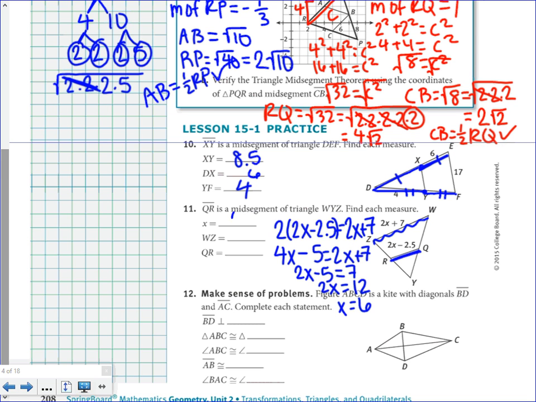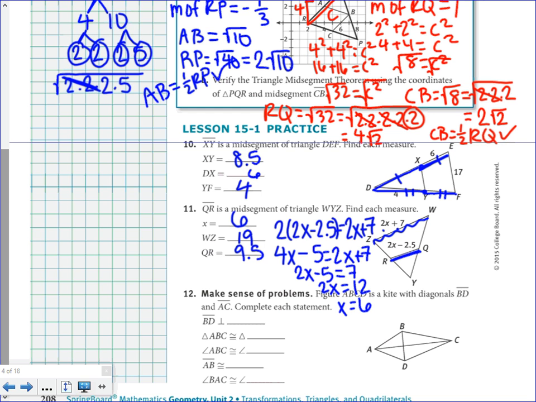And so the first blank, x is 6. Then if I plug in for WZ, 2 times 6 is 12 plus 7 makes 19. And half of 19 is 9.5 for QR, or you can plug in 6. 2 times 6 is 12 minus 2.5 gives you the 9.5. Either way, you should get those values.